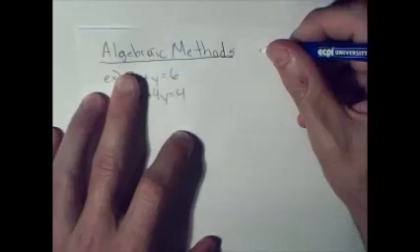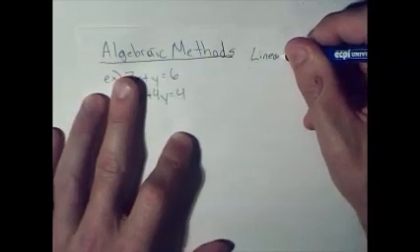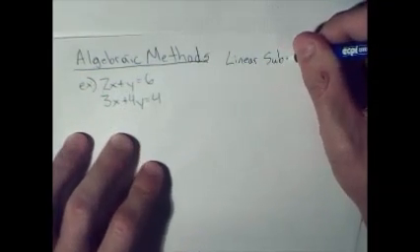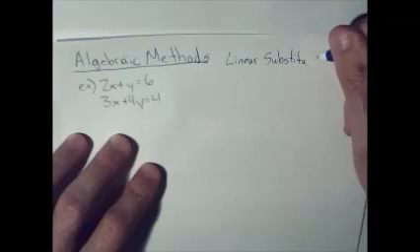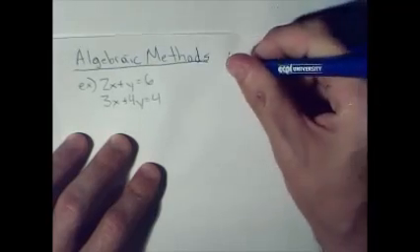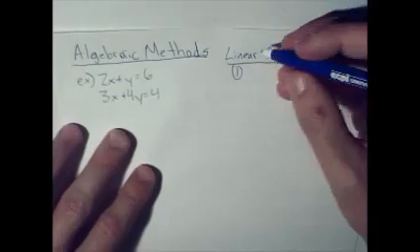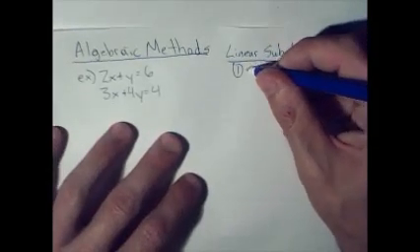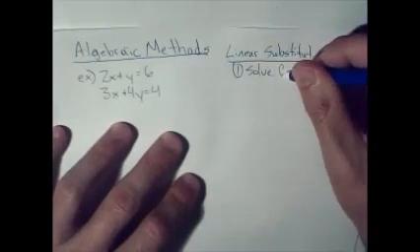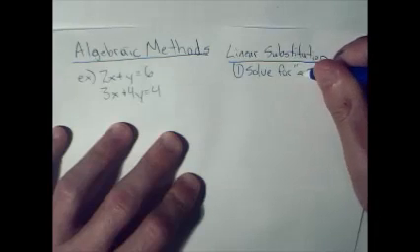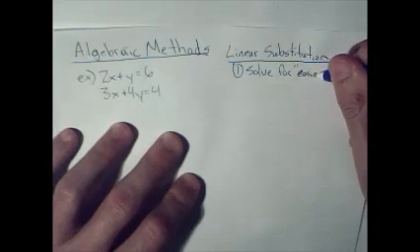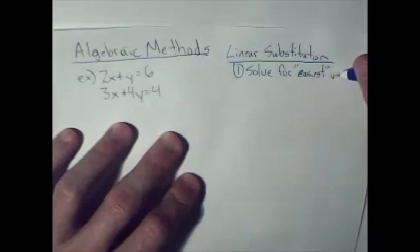Our first algebraic method is what's called linear substitution. Again, very descriptive names. The first step, and these are a little bit different from what we are given in the book, but I think they're a little bit more descriptive, is to solve for what I call the easiest variable.